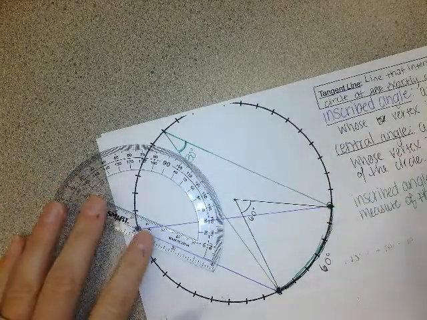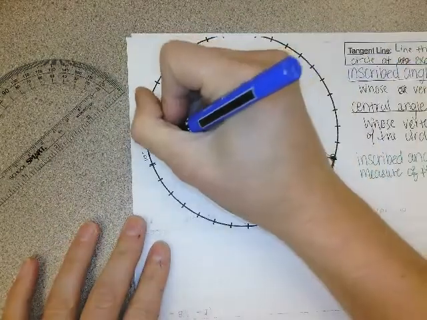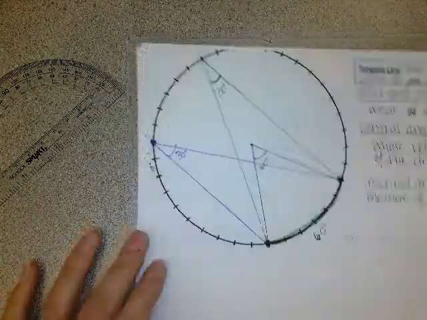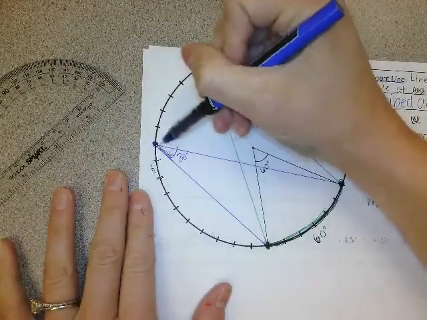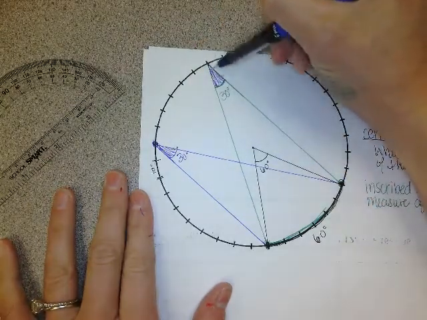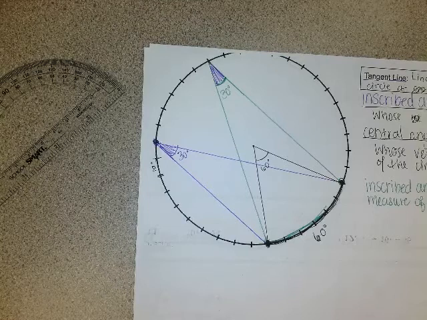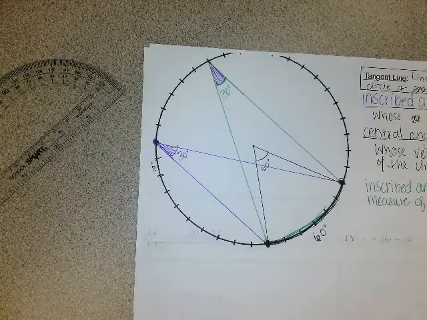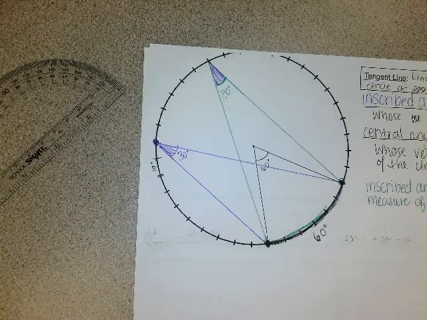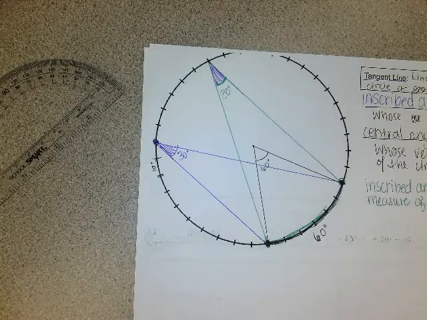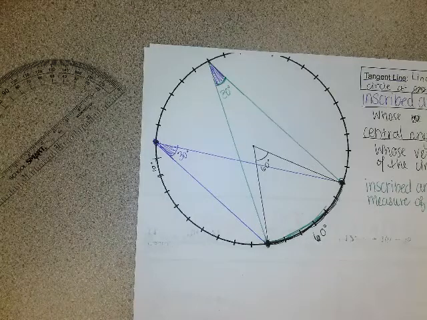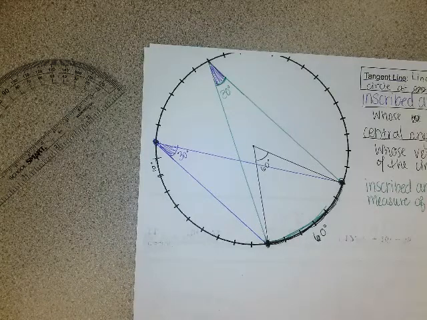All right, did you get 30? Yeah. So what can I say about these two inscribed angles? They're congruent. What do they share? Okay, so they share the intercepted arc, okay? So endpoints, that's fine.